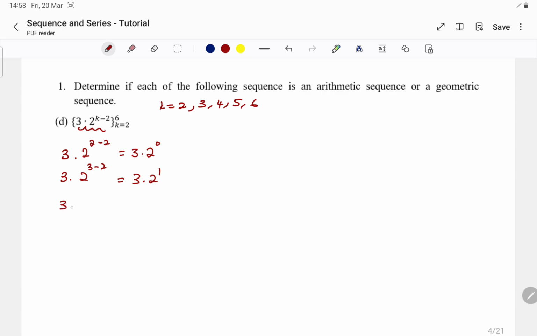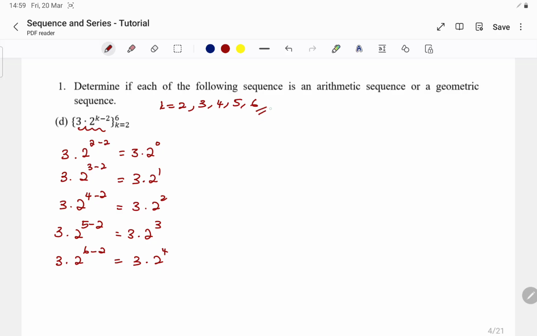Then when k is equal to 4, 2 to the power of 4 minus 2, we will get 3 multiplied by 2 to the power of 2. The next one, 3 multiplied by 2 to the power of 5 minus 2, you're going to get 3 multiplied by 2 to the power of 3. Then 3 multiplied by 2 to the power of 6 minus 2 equals 3 multiplied by 2 to the power of 4.